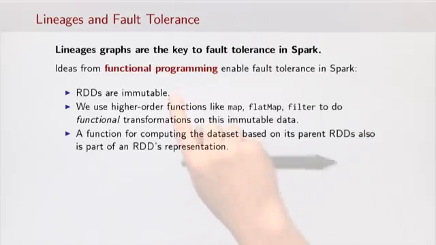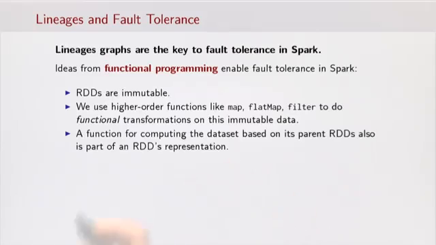This is because RDDs are immutable, so we can't update or change any of the data inside of an RDD. And then by using higher order functions like map, flatMap, and filter to do functional transformations on our immutable data, what we have is effectively a directed acyclic graph. And assuming that we keep around the function that we pass to operations like map, flatMap, and filter, we can recompute at any point in time any of the RDDs in our entire lineage graph.